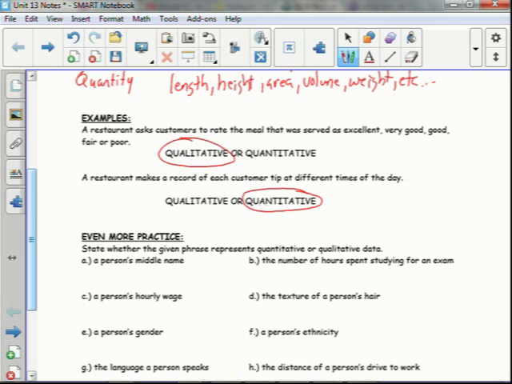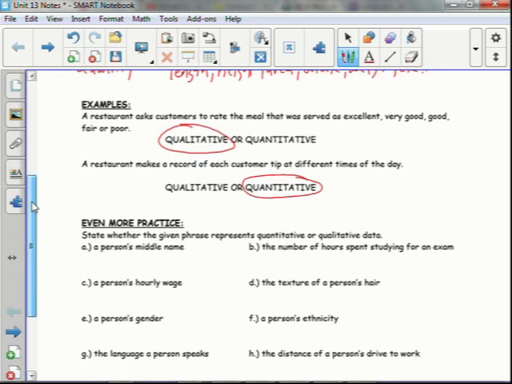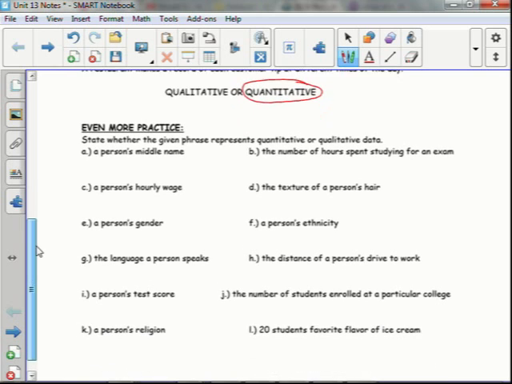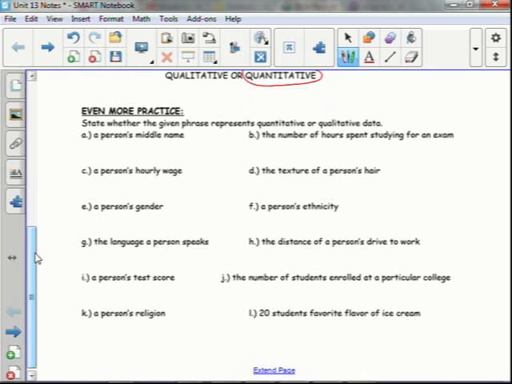That's quantitative. The tip is going to be a specific amount. So let's try a few of these. State whether the given phrase represents quantitative or qualitative. A person's middle name. That's going to be qualitative. It's not a number.